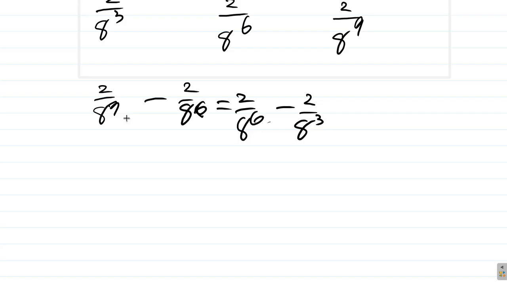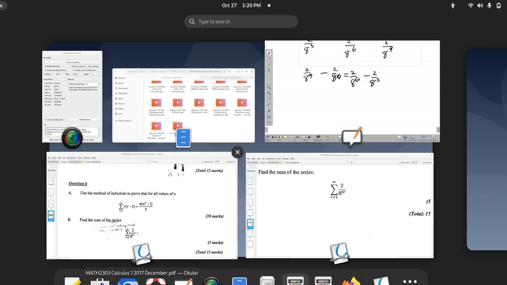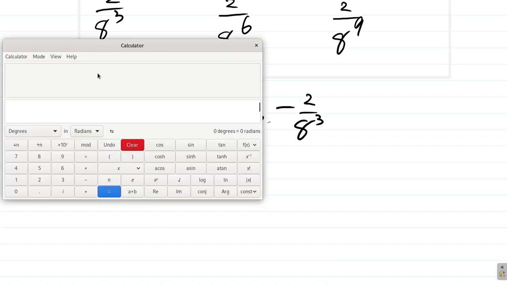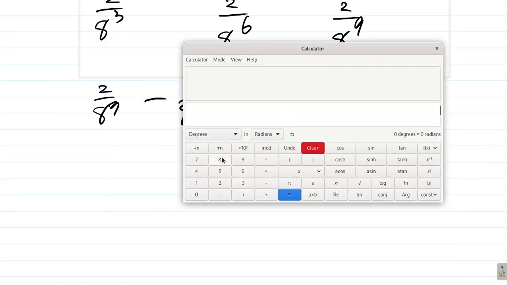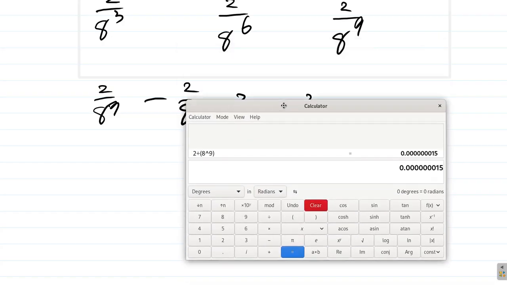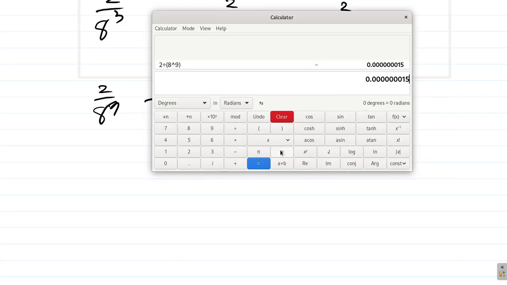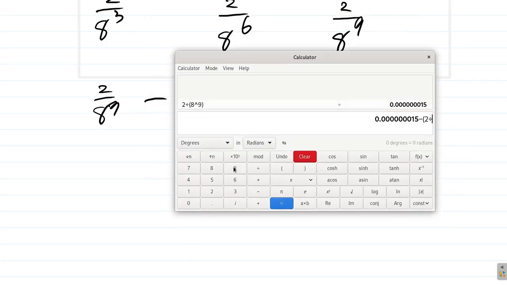In fact, you could try it with a calculator: 2 divided by 8 to the power of 9, which is very small, minus 2 over 8 to the power of 6 gives a negative value.